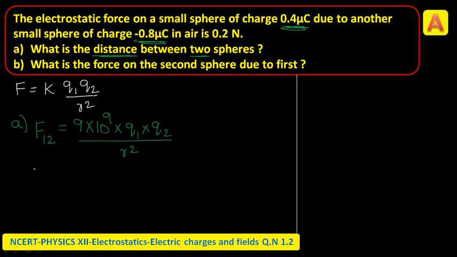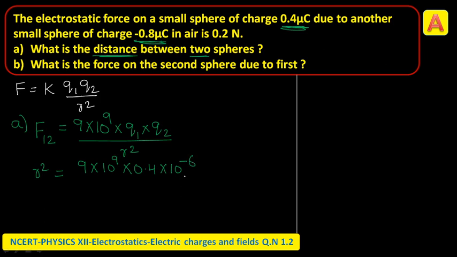So we have to find R square, which is equal to 9 into 10 power 9, into Q1, 0.4 microcoulombs, 0.4 into 10 power -6.